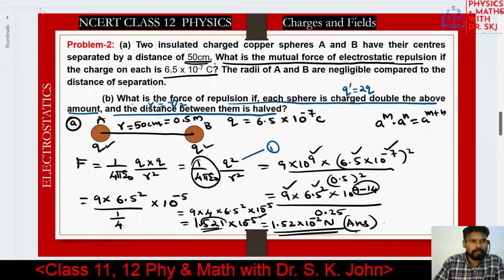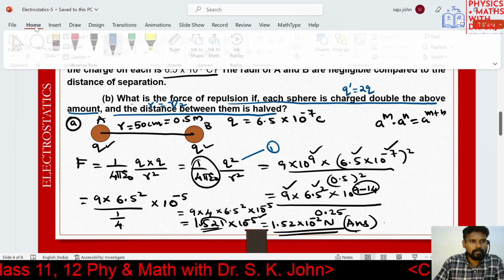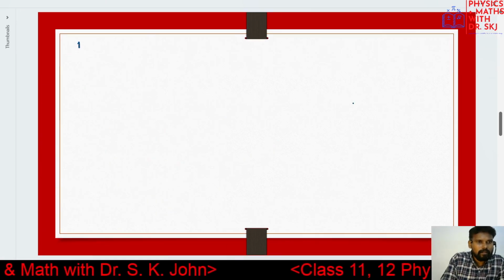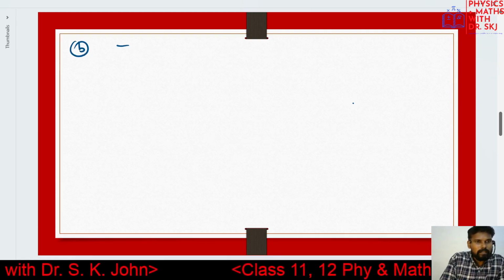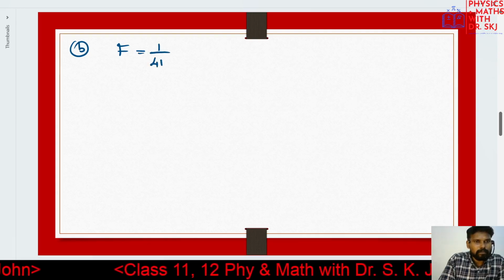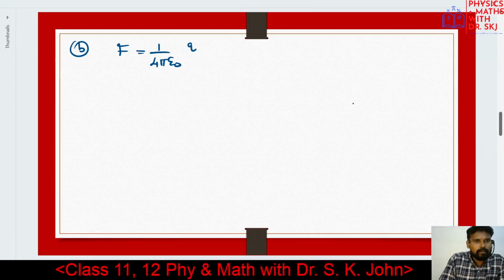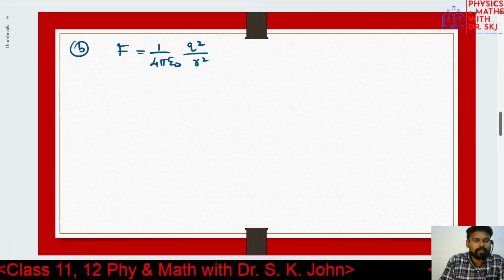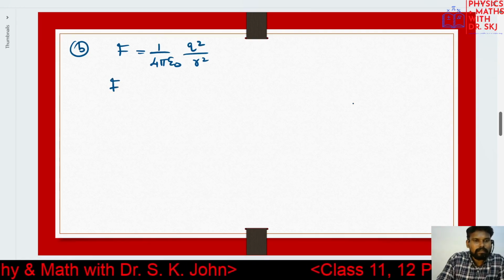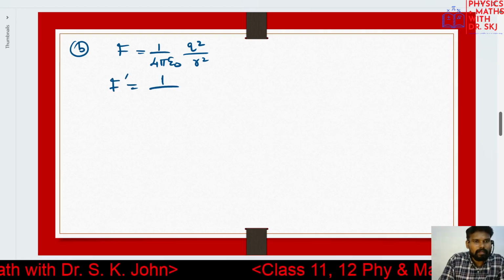Let me add one page. Here in part B, in part A the force is 1 by 4 pi epsilon 0 q square by r square, because both the charges are equal. Now the new force f dash is equal to 1 by 4 pi epsilon 0.